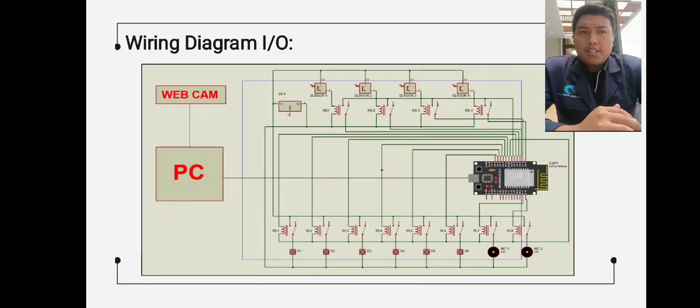To program the ESP32, we need the Arduino IDE application. The ESP32 input is obtained from sensors, one sensor from conveyor 1 and two other sensors from conveyor 2. The output consists of 6 solenoids that will move the double acting cylinder and gripper, and two other outputs for the conveyor motors.